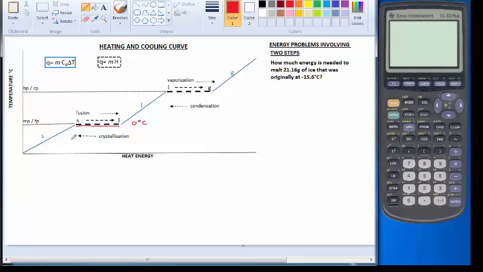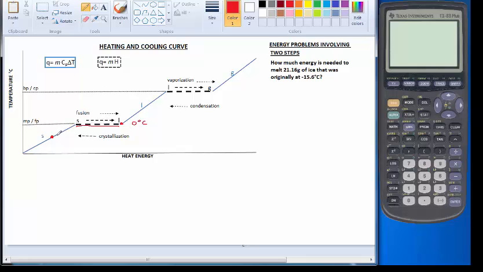So that means that our ice did start as a solid, and our solid was at a temperature lower than 0 degrees Celsius. In this case, it was negative 15.6 degrees Celsius. So we know that our ice started somewhere along here on our heating and cooling curve, and it ended when it became a liquid at 0 degrees Celsius.